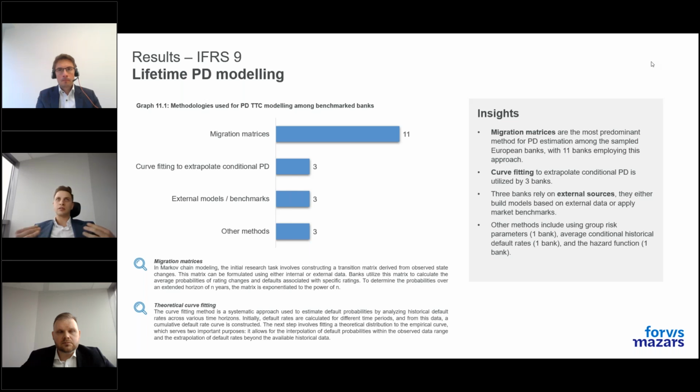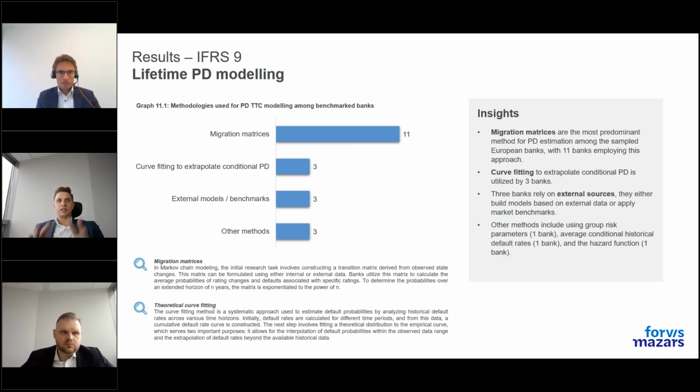Often this horizon was longer than the length of the available data series. For example, for mortgages, the maturity can be more than 20 or 30 years, so this is not the length that is available in banks. So the banks had to invent some methodologies to extrapolate these estimates.